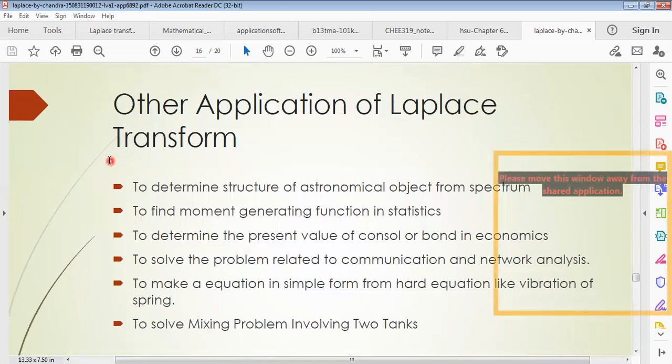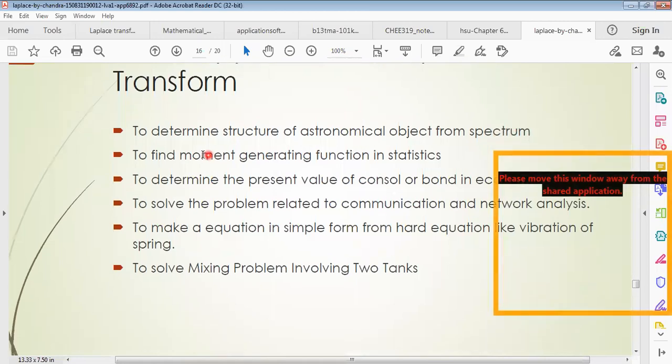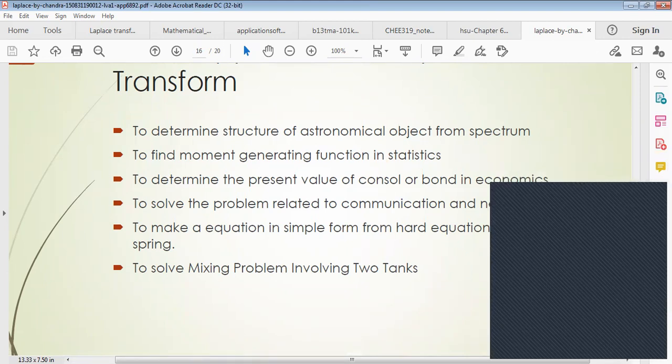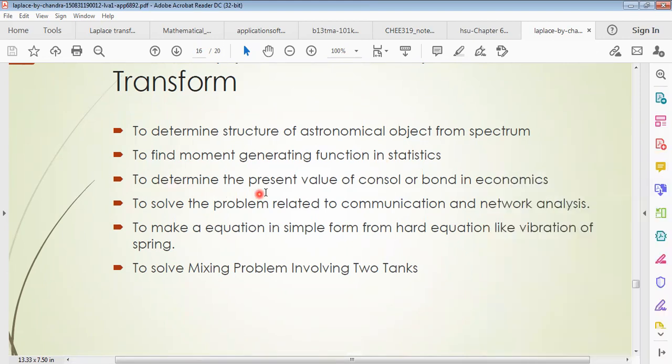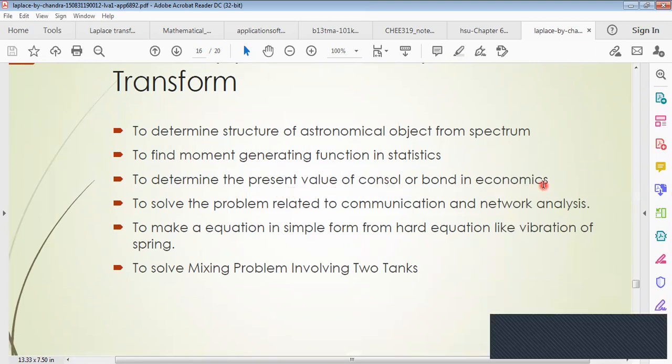Now, other applications of Laplace transform: there are many, such as determining the structure of an astronomical object from its spectrum, finding the moment generating function in statistics, and determining the present value of a console bond in economics.